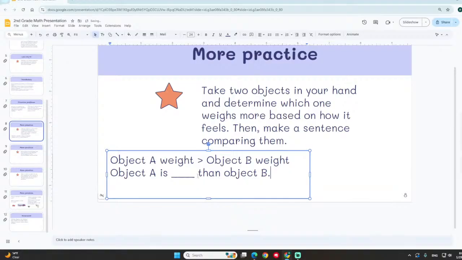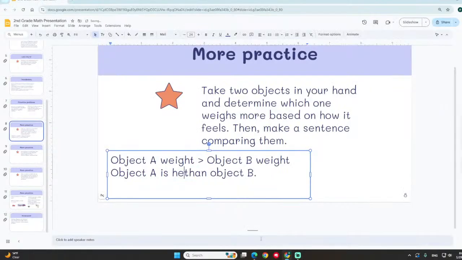So, assuming that the sentence is set up like this. You have object A, which is one of the objects you chose, and then object B. In this hypothetical situation, let's assume that object A has a heavier weight than object B. These are just placeholders, object A and object B. So object A is blank than object B. If object A has more weight than object B, what should we fill in here?